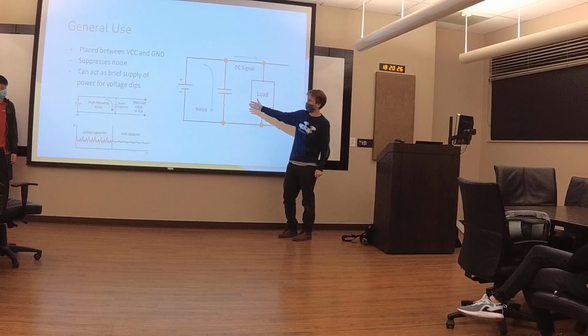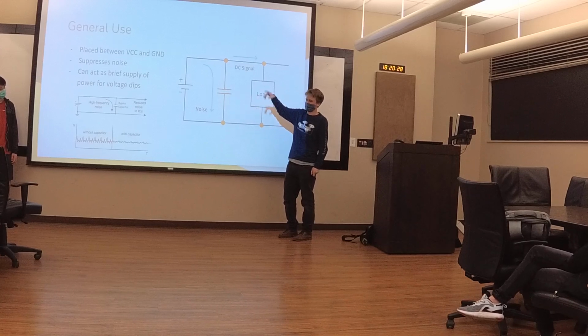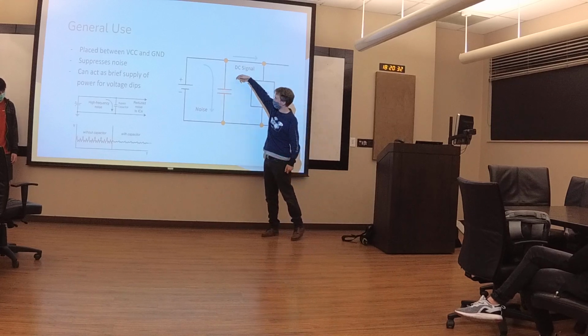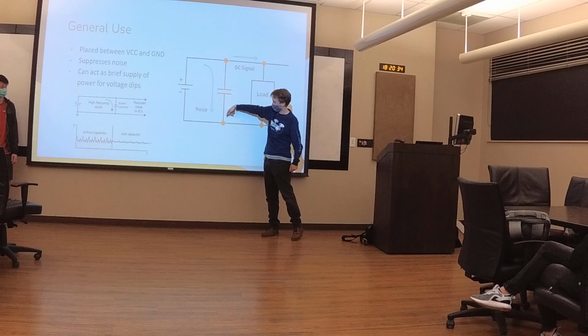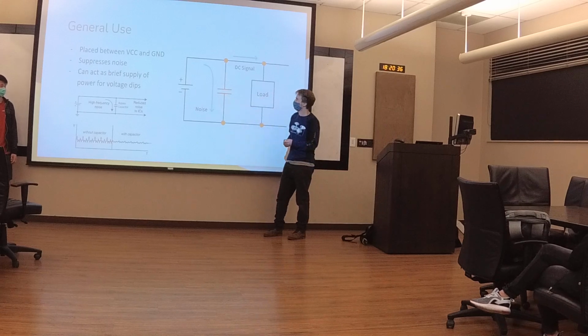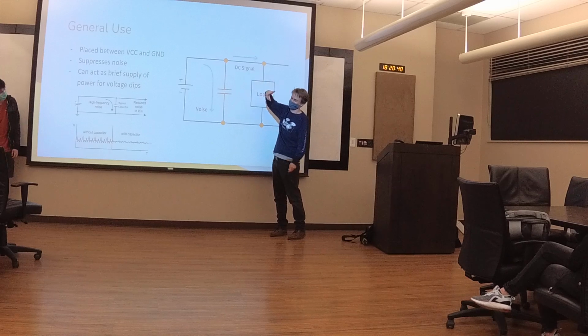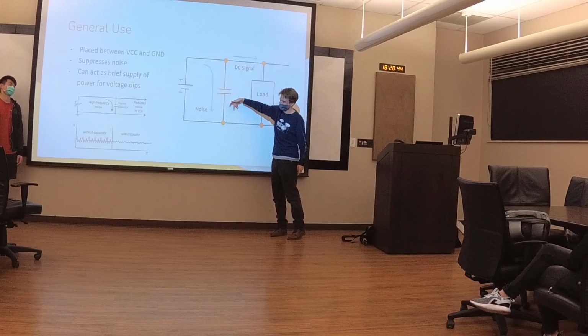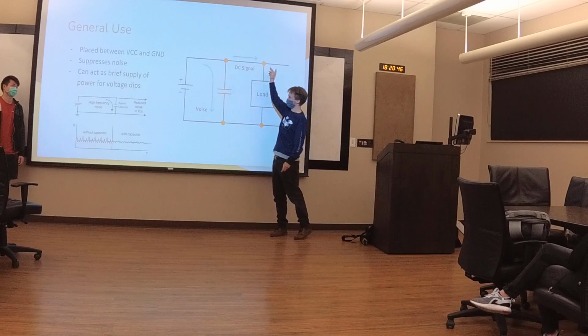Specifically with decoupling capacitors, for higher frequencies your impedance goes down, which means that for higher frequency you have a path that goes to ground. Whereas for lower frequencies, such as DC signals, that's a really low frequency, the impedance is infinite, so it doesn't go down through the capacitor, it goes along this way.